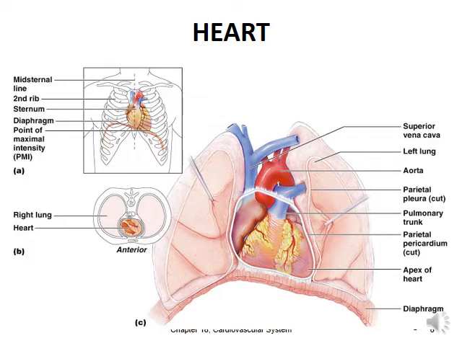You can see here that the heart is more disposed to the left; if we put a line here, you can see that the heart is positioned more to the left side of the chest, okay?